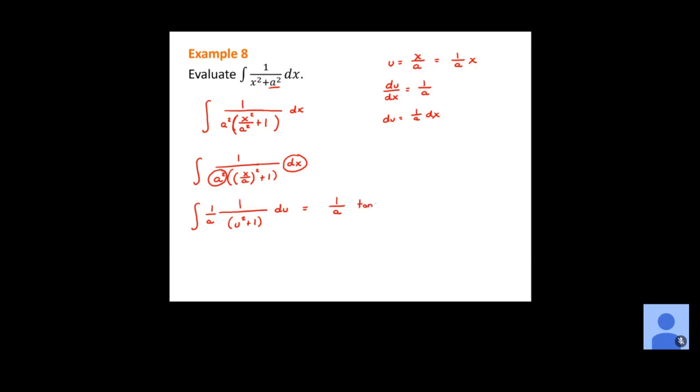So this is arctangent of u. Good, and because it's indefinite, we need the plus c. And then our last step, we're just going to plug the u value back in. So we end up with 1 over a times the arctangent of x over a plus c. So there's our answer.